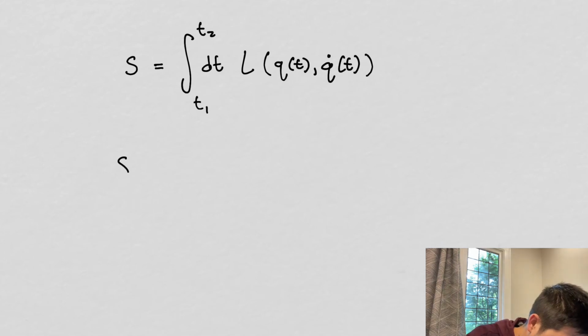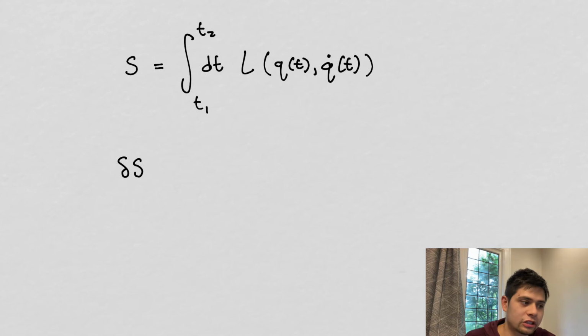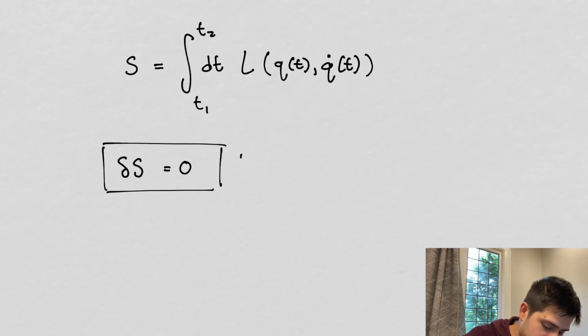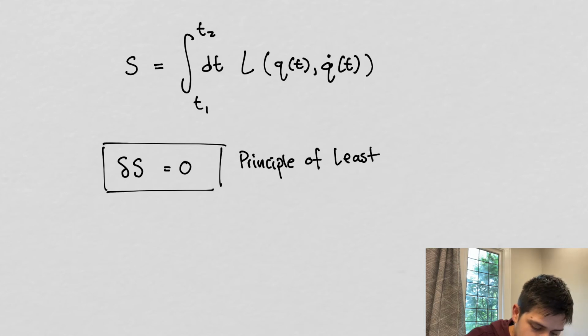When we consider the derivative of the action, and we set that equal to 0, this is the principle of least action.